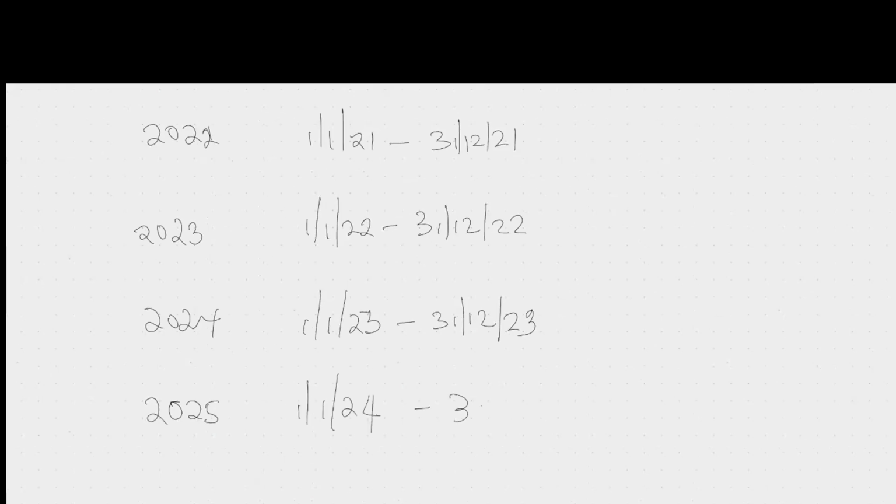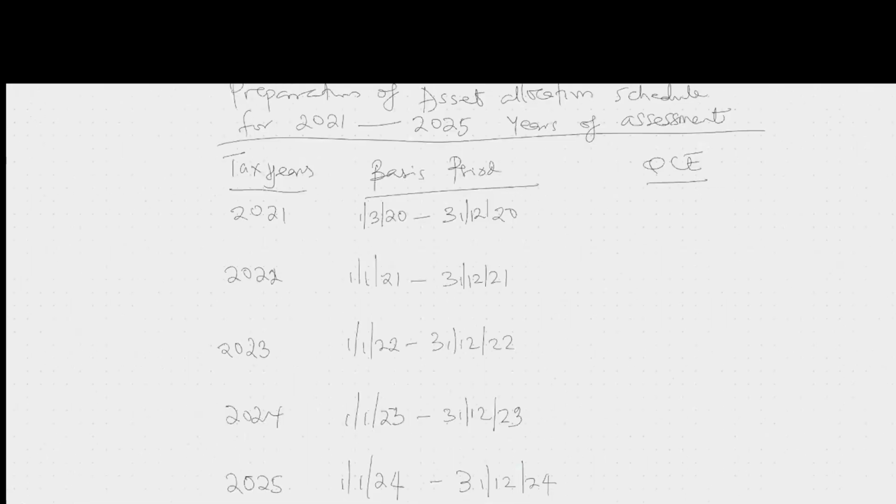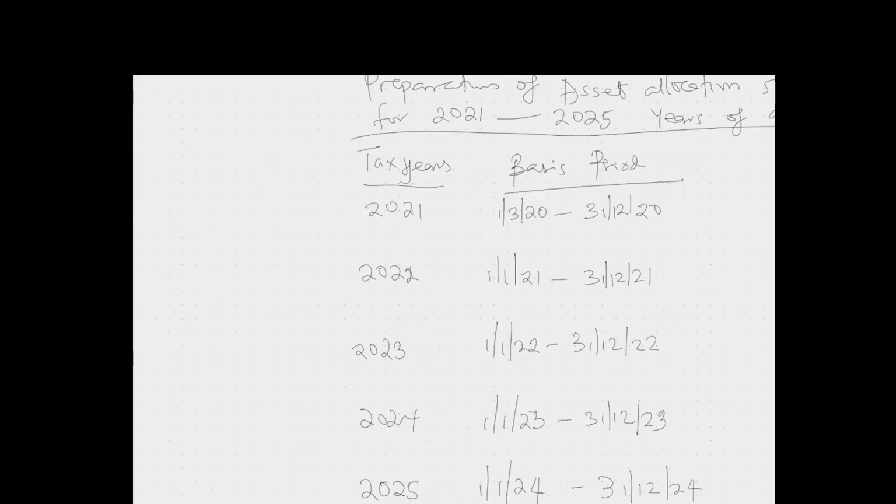Now, the purpose of this is for you to be able to allocate your assets to the relevant year of assessment. Therefore, let's go. Now, the first asset was acquired when?